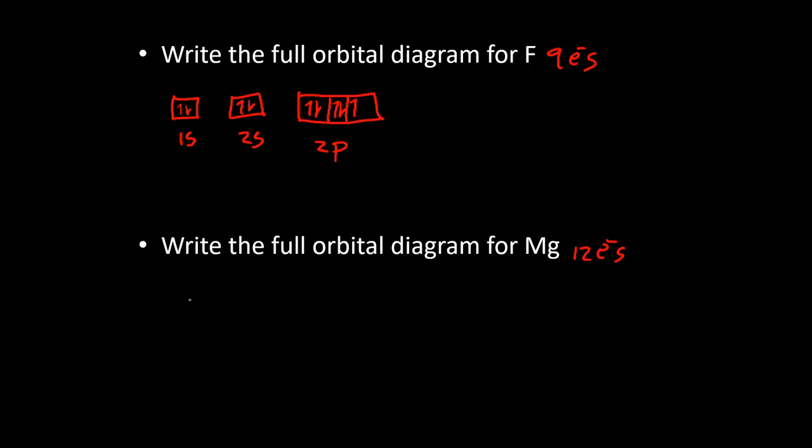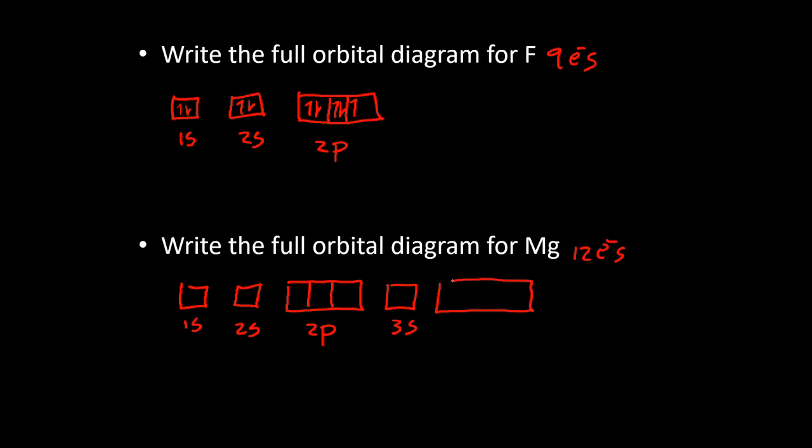For magnesium, on the other hand, with 12 electrons, again starting with the 1s, 2s, 2p, 3s, 3p, and that should be plenty.